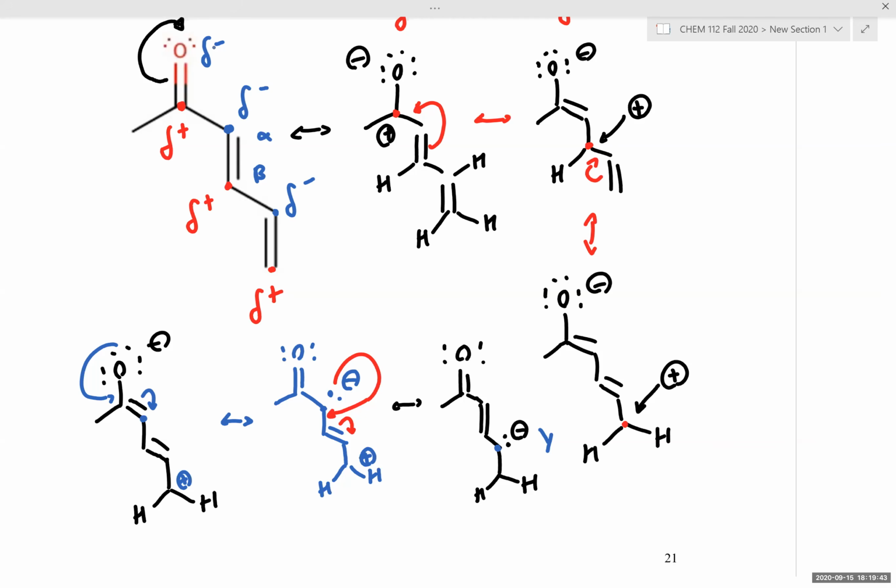So by drawing out all of the resonance structures, noting which atoms have a negative and positive charge, we can indicate the electron rich and the electron deficient atoms.